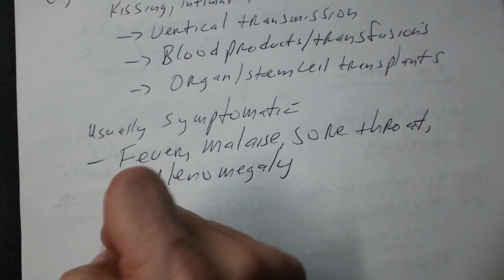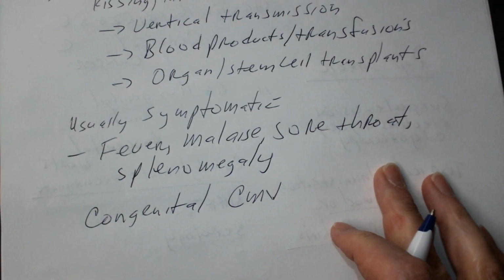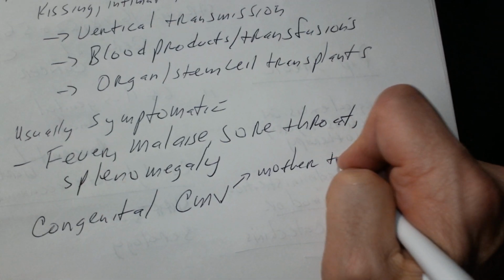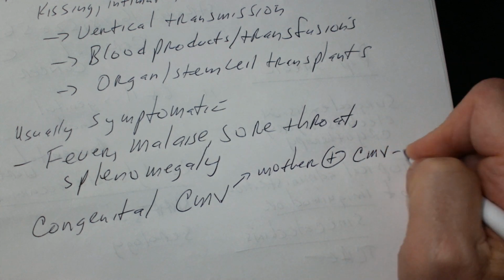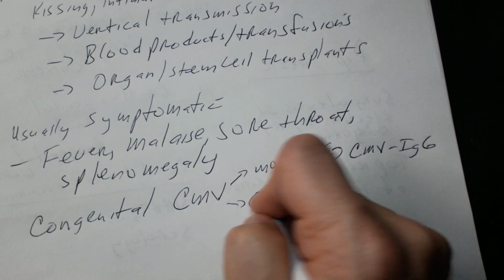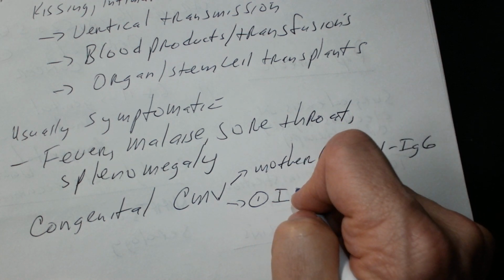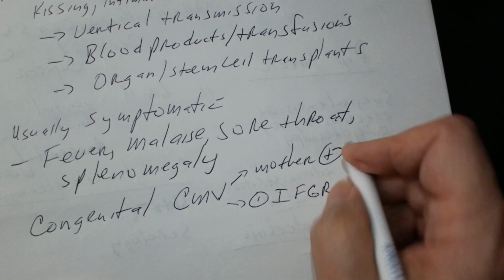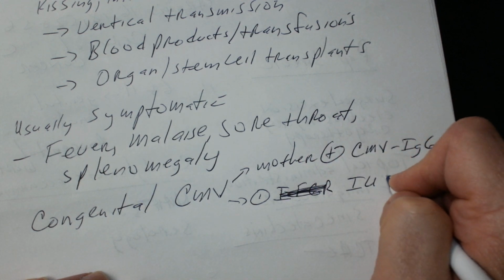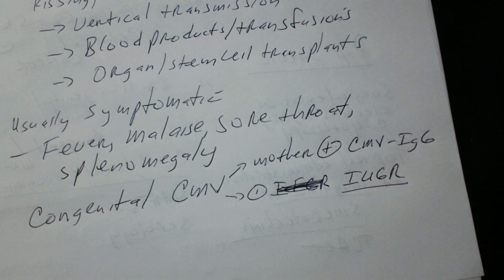So if you have congenital cytomegalovirus, first of all, the mother will be positive for CMV immunoglobulin G. There will be what's called intrauterine fetal growth restriction, IUGR.